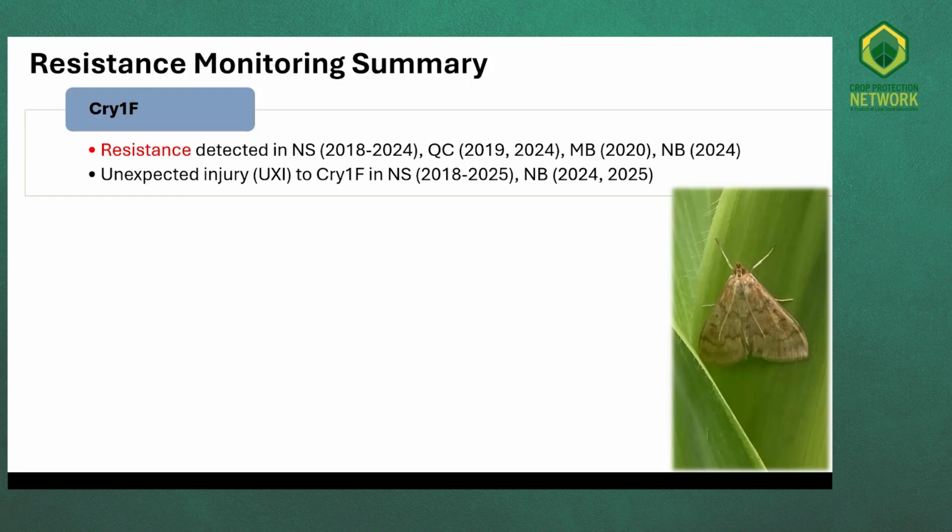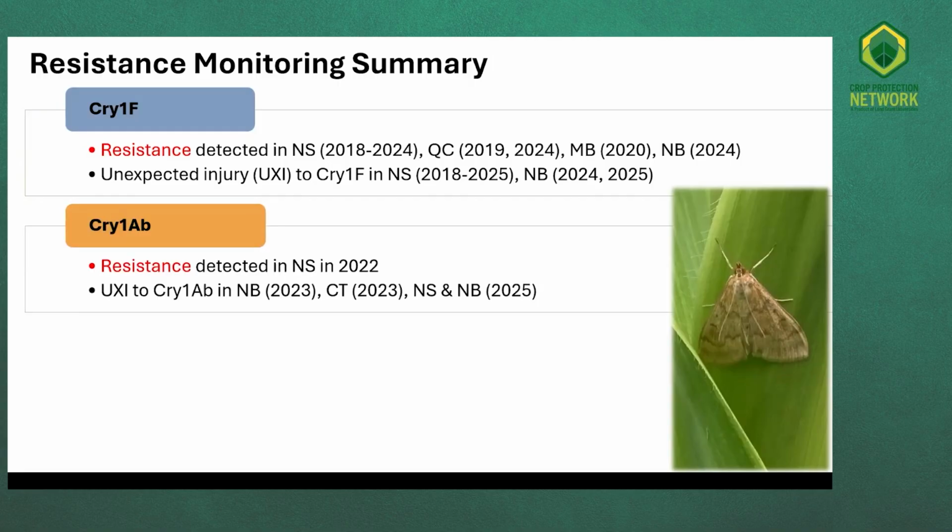And in some of our field sentinel plots, we've observed unexpected injury, so actual field injury, to Cry1F in Nova Scotia from 2018 to 2025, and in New Brunswick in 2024 and 2025. For Cry1AB, we have only detected resistance in one population we found in 2022 so far, but we have seen unexpected injury to Cry1AB plants in New Brunswick in 2023, Connecticut in 2023, and Nova Scotia and New Brunswick in 2025.